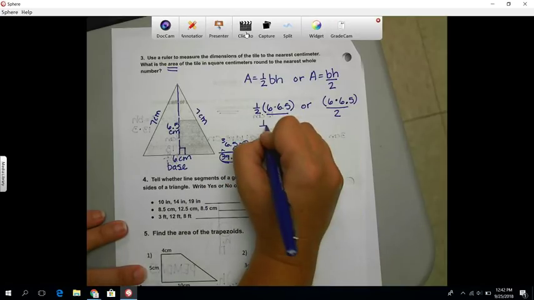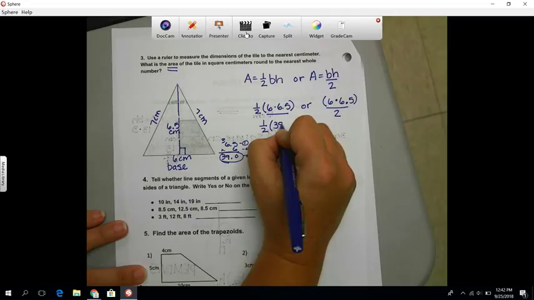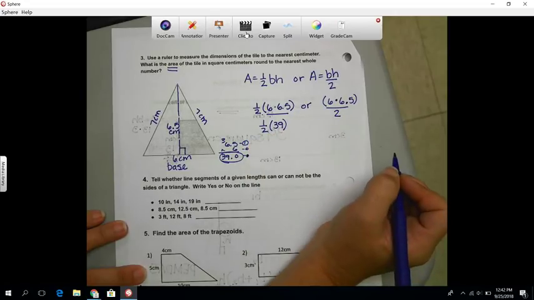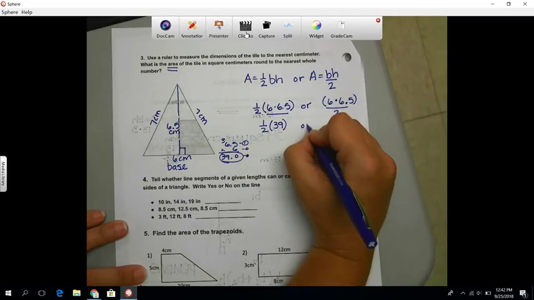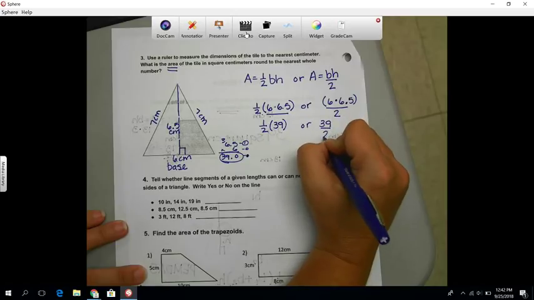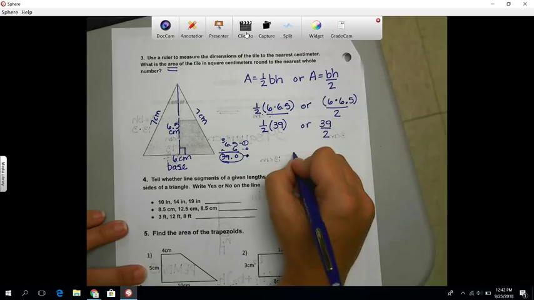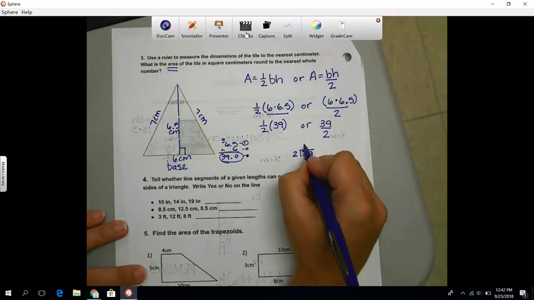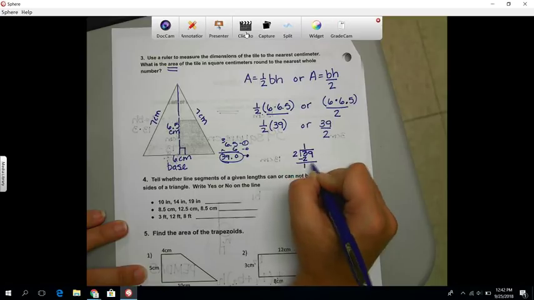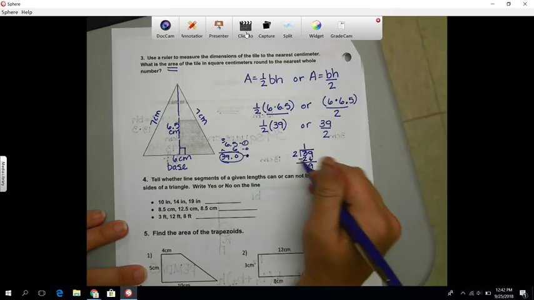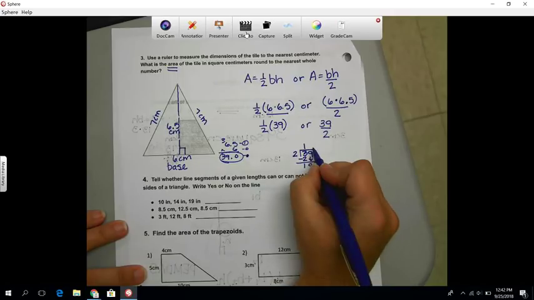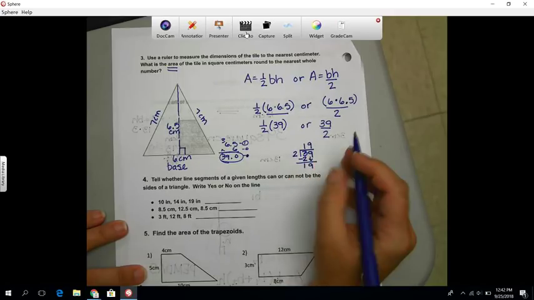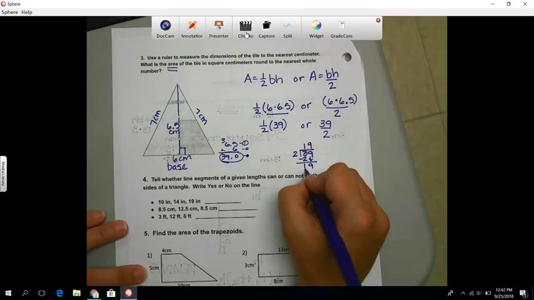So now I have to rewrite 39 times 1/2 or 39 divided by 2. Well, if I do 39 divided by 2, 2 can go into 3 once. Multiply, you get 2. Subtract, we get 1. Bring down your 9. 2 goes into 19 9 times. 9 times 2 is 18.